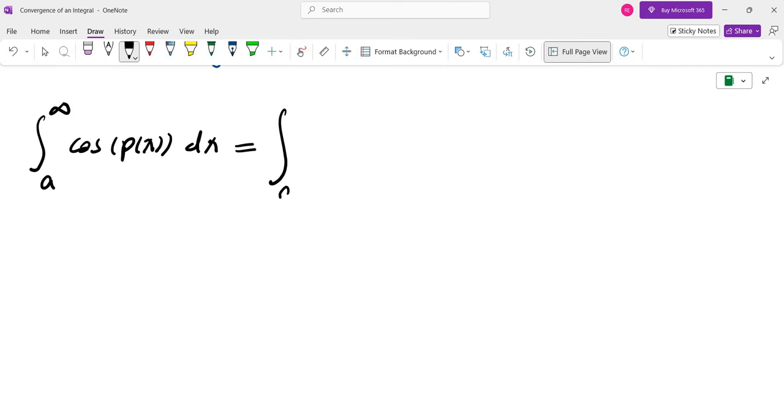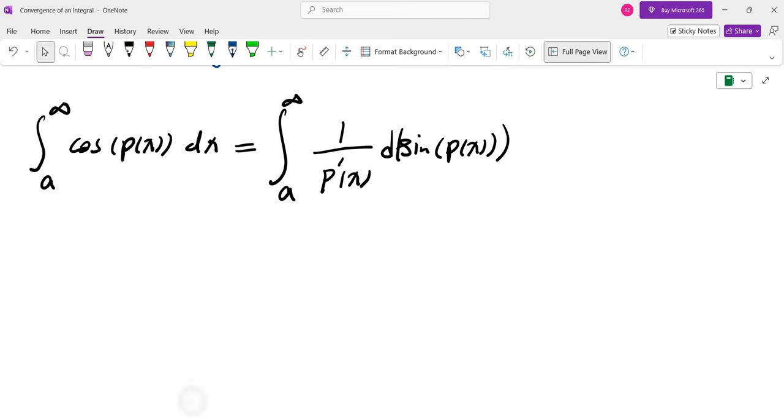So we get the integral from a to infinity of 1 over p prime of x times d of sine of p of x. And then when we use integration by parts, this is our dv, this is our u.